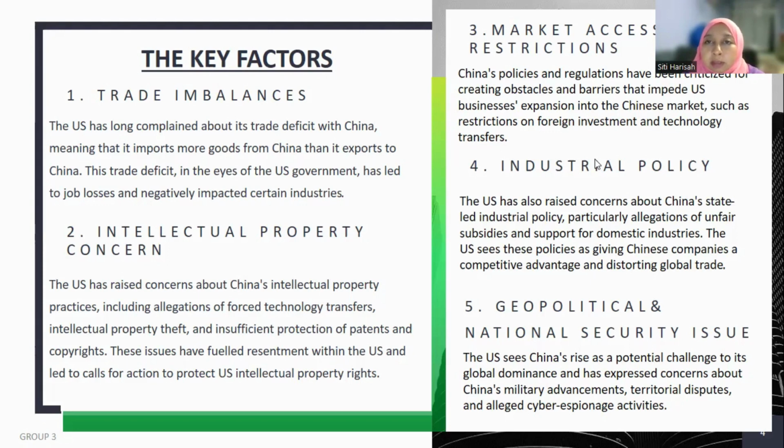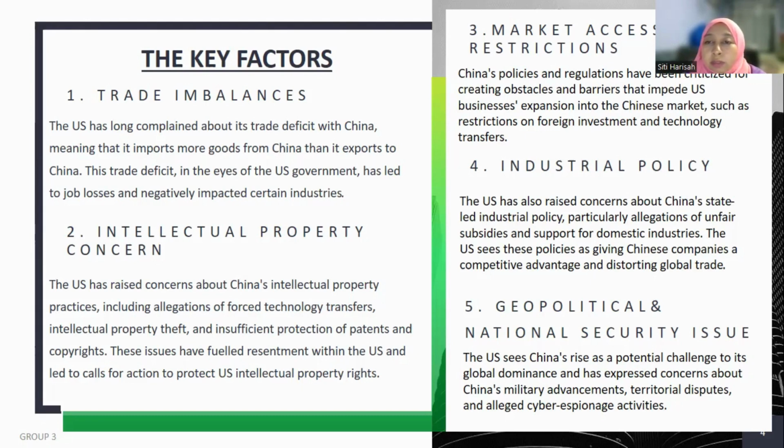Number three, market access restrictions, where China's policies and regulations have been criticized for creating obstacles and barriers that impact US business expansion into the Chinese market, such as restrictions on foreign investment and technology transfer. Number four, industrial policy.